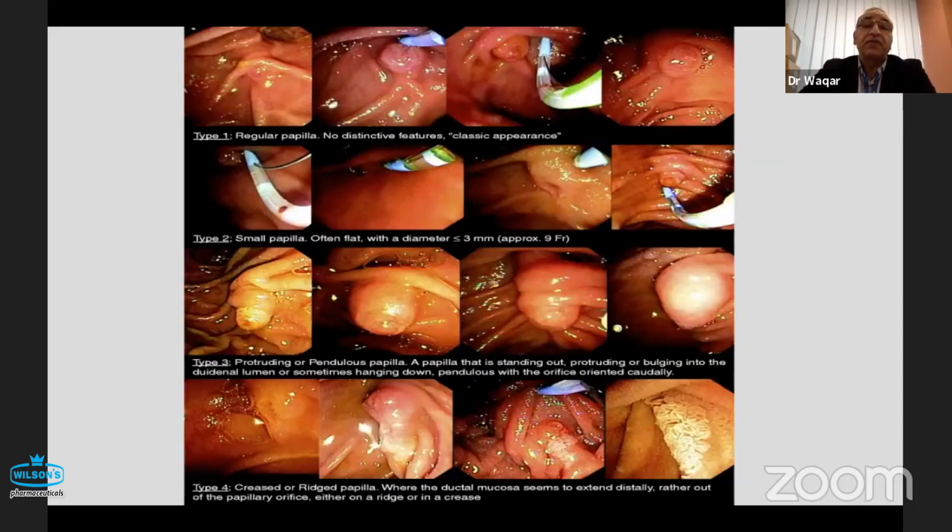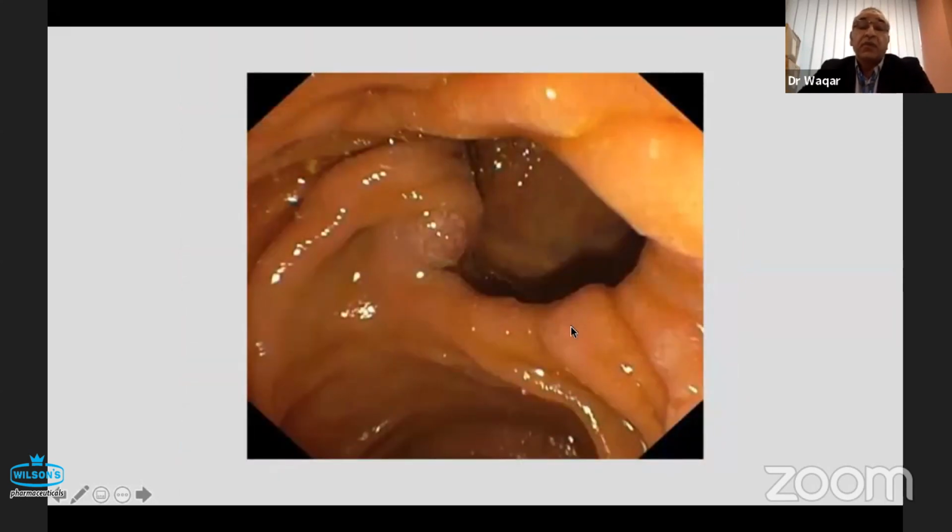Another picture of the regular type of papilla that we would see, the small papillas, the protuberant papillas, and the creased papilla. Now, my only criticism of this classification is the fact that they missed out on the peridiverticular and infradiverticular papillae, which are quite commonly seen and which can be a challenge to cannulate at times.